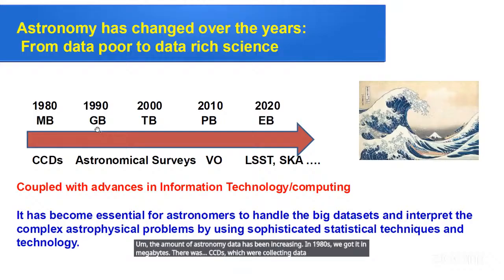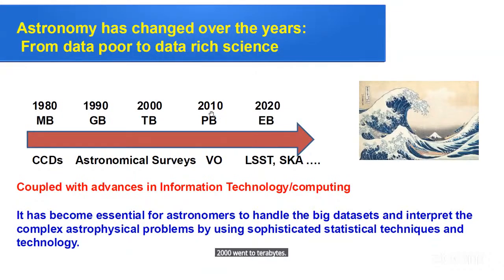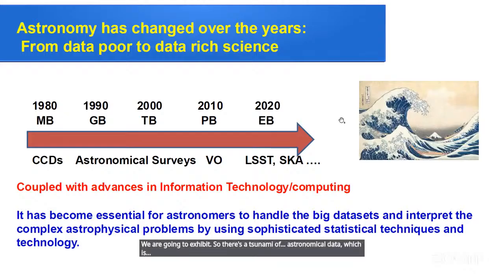In the 1990s, it went into gigabytes. In 2000, it went to terabytes. In 2010, it went to petabytes, and now in the 2020s, we are going to exabytes. So there's a tsunami of astronomical data flowing in, and astronomy over the years has changed from a data poor to a data rich science.